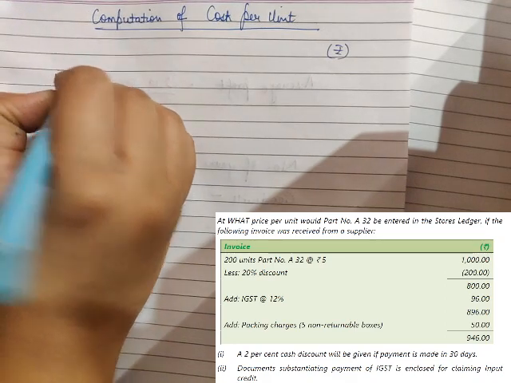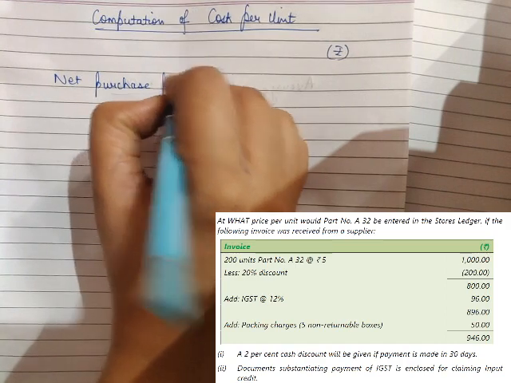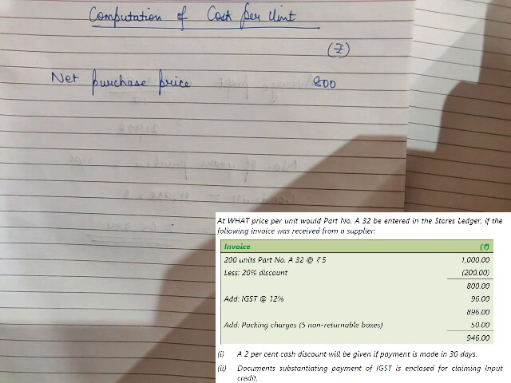So the net purchase price is 800 rupees. Then we have the GST component. Now it is given in a second point that the document substantiating payment of IGST is enclosed for claiming input credit. Since we can claim input of this GST, that is 96 rupees, can be adjusted with our output liability, so it is an asset and not an expense. Therefore, we are not going to add it to the cost.